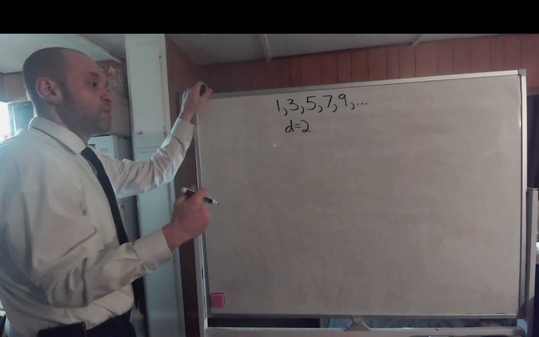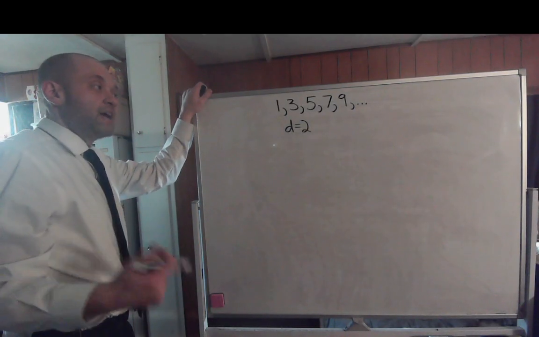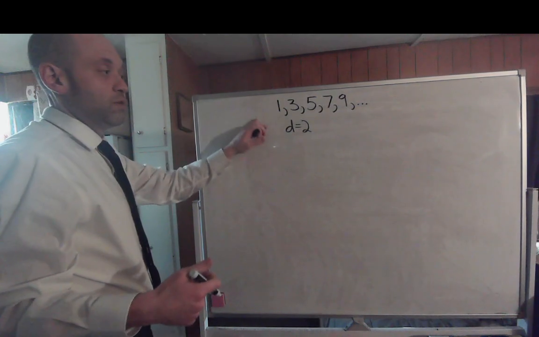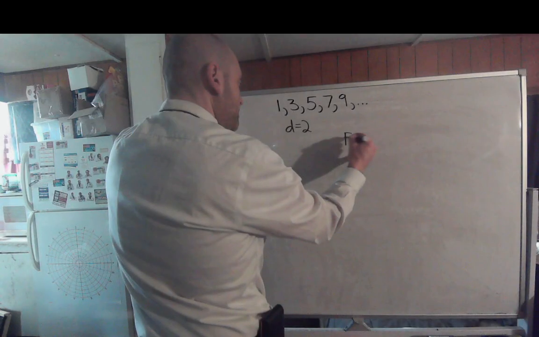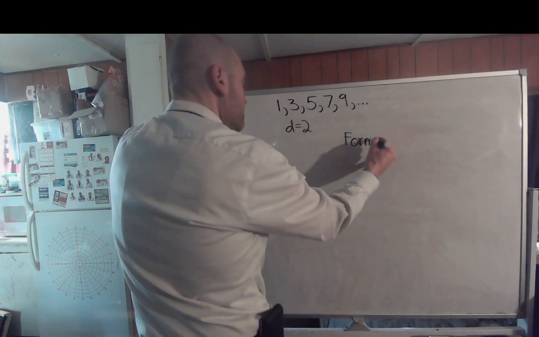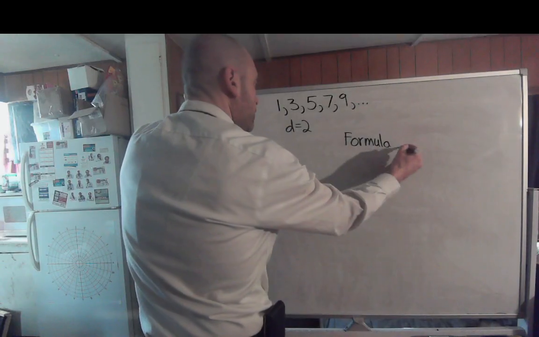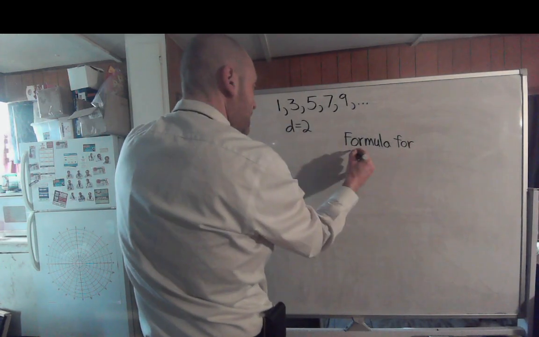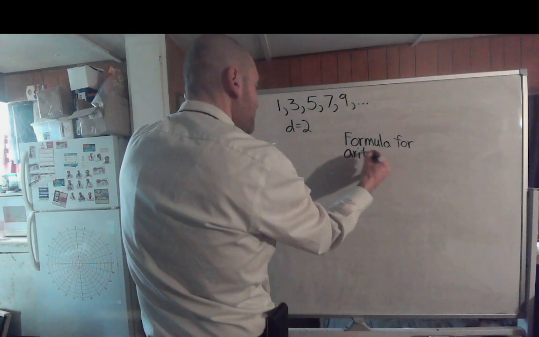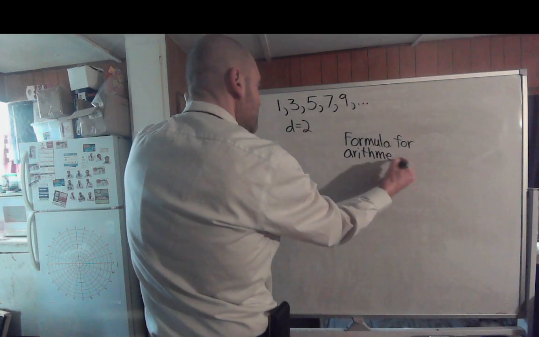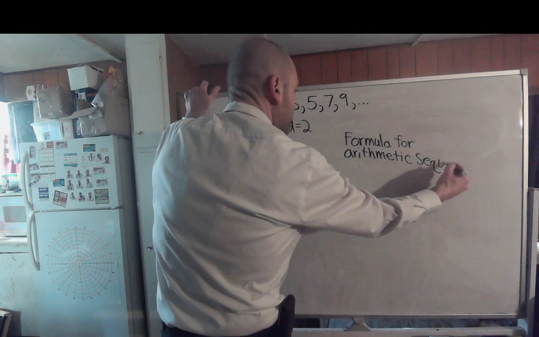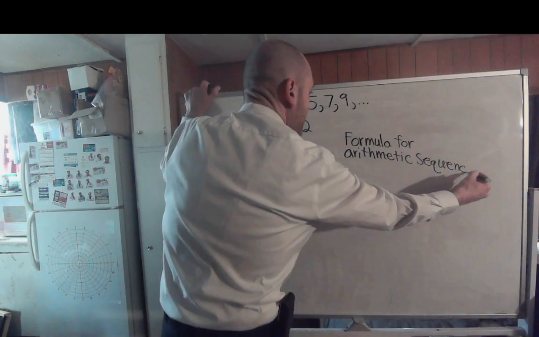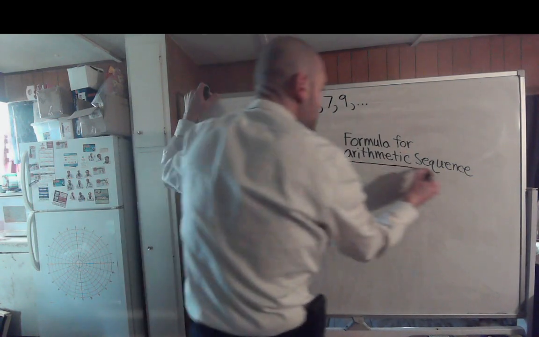Now, we need to find a formula for this sequence. In general, I'm going to write this here. Formula for arithmetic sequence. So here is a formula to find any term of an arithmetic sequence.